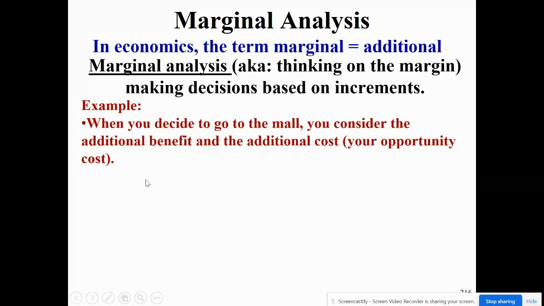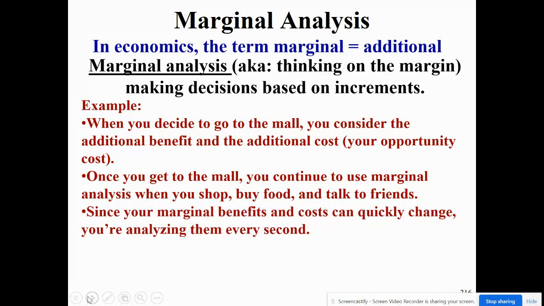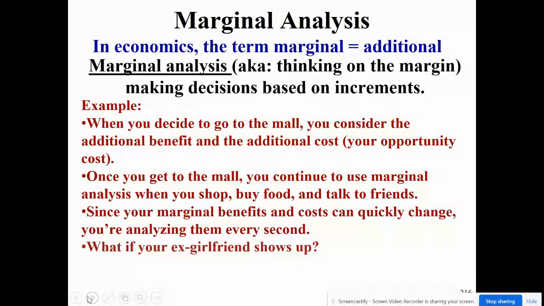Okay. So when you decide to go to the mall, you consider the additional benefits and the additional cost, your opportunity cost for going to the mall, right? Once you go to the mall, you continue to use your marginal analysis, how much enjoyment you're getting from shopping, buying food, talking to friends. But then you run into your ex, right? You run into your ex there. So then what happens?